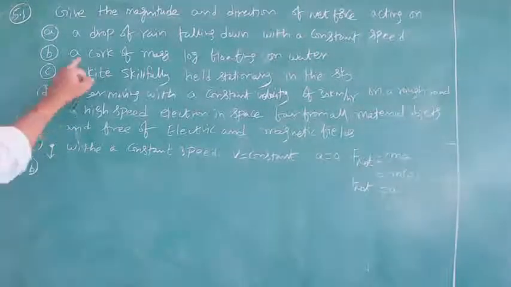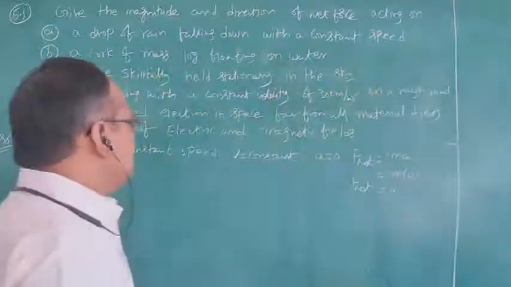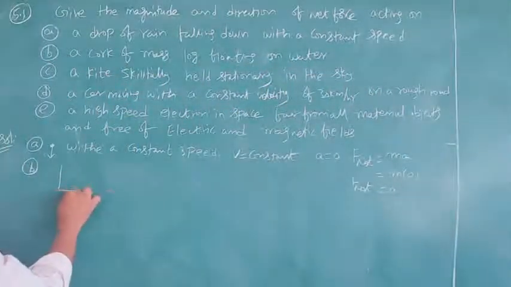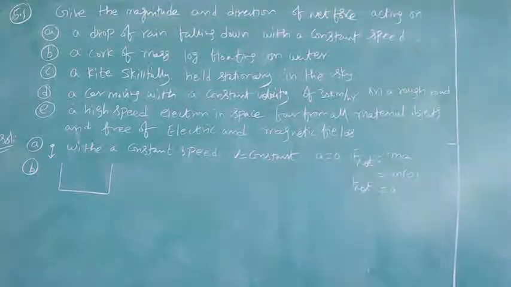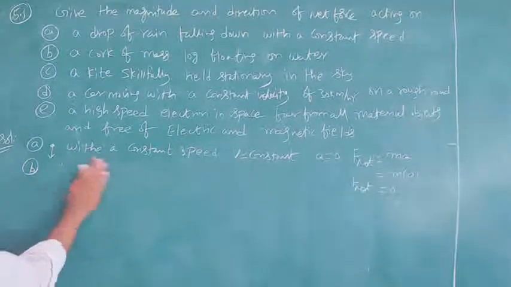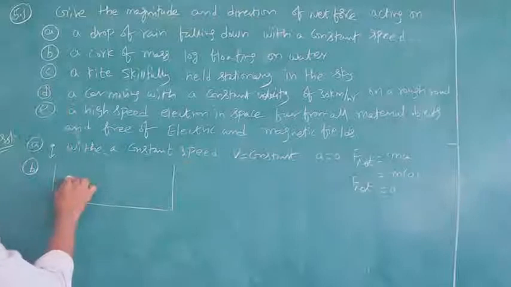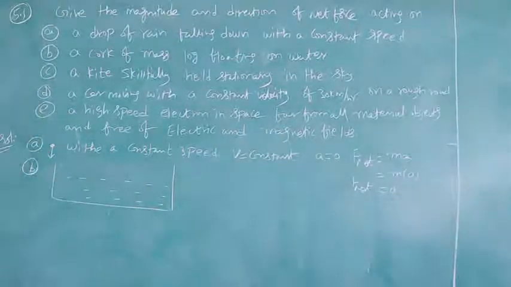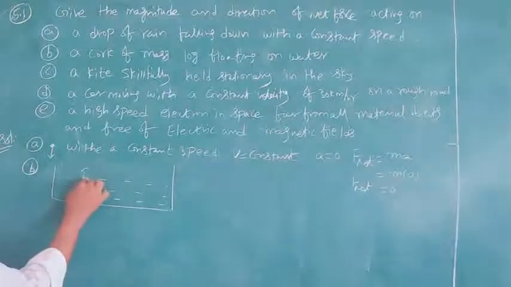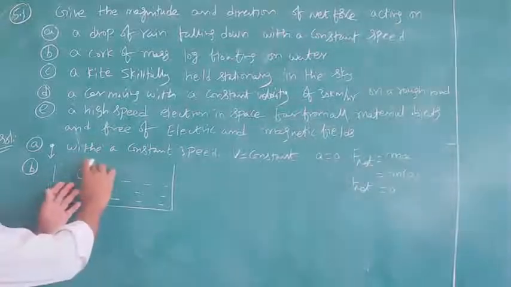A cork of mass 10 grams floating on water. So what is the meaning of this? Let us assume this is a jar, or a lake pond. So your water is there. Now here, a cork is floating in water like this.